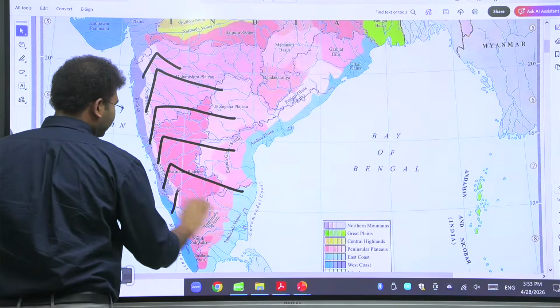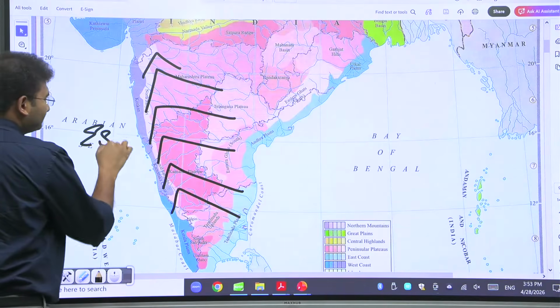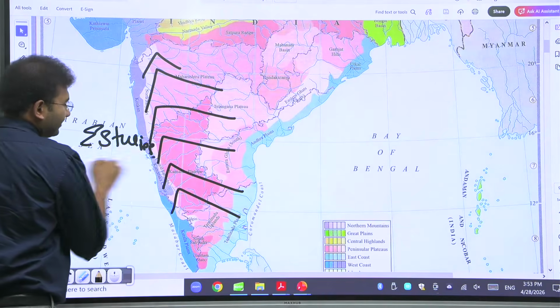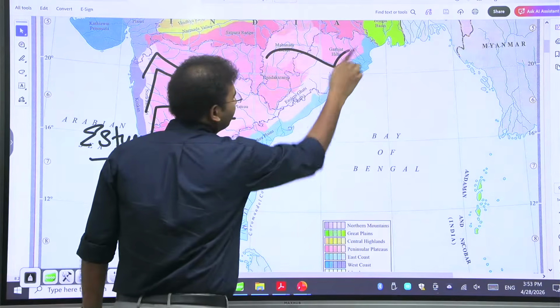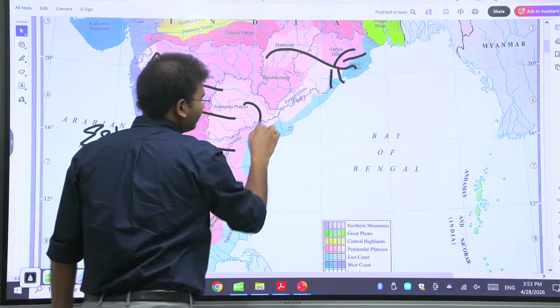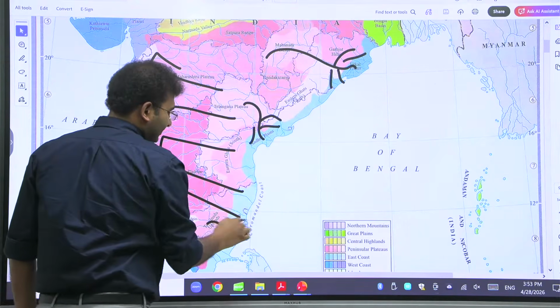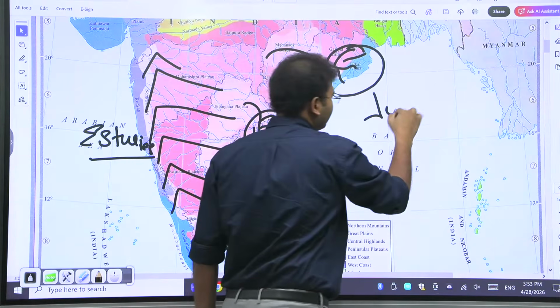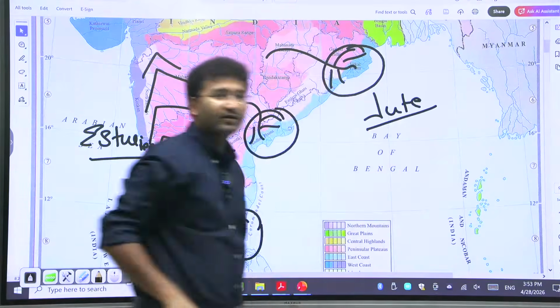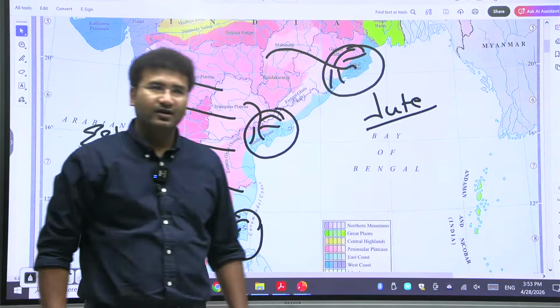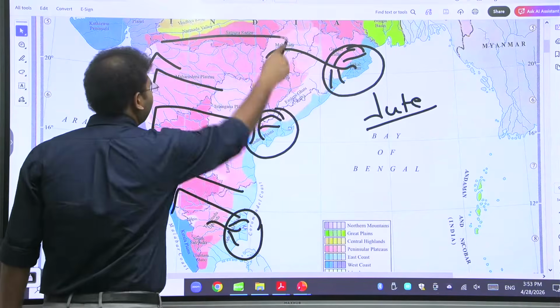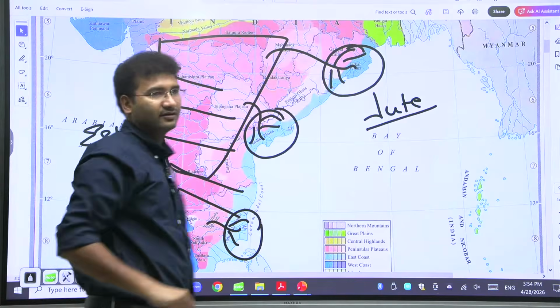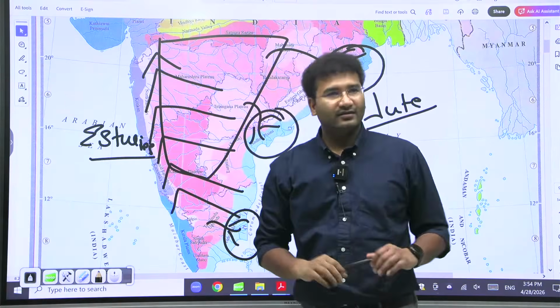So on this side you find estuaries, but on this side it is very gentle. So the river comes and forms deltas. So wherever you see this delta region, you will see the growth of jute. Rainfall requirement is more for jute. Cotton is grown in the hinterlands, right? Clear?